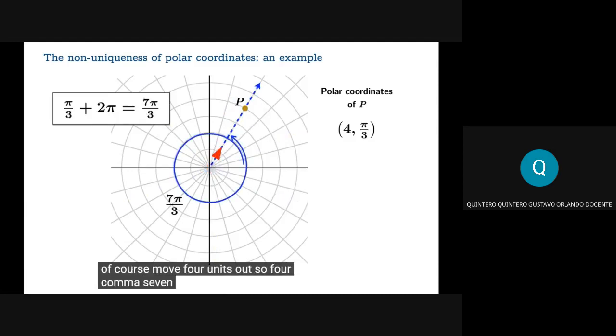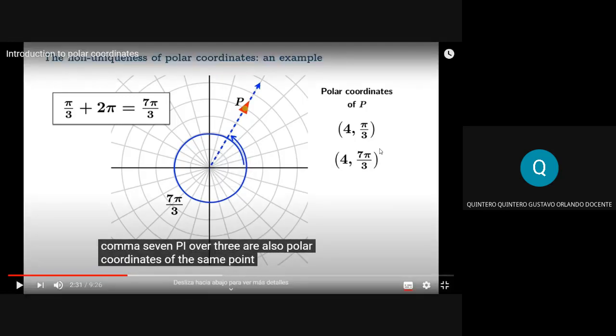So (4, 7π/3) are also polar coordinates of the same point. Did you see what the guy did right there? Instead of going up just 60 degrees, π/3, the guy also did a full circle and landed exactly on the same line.